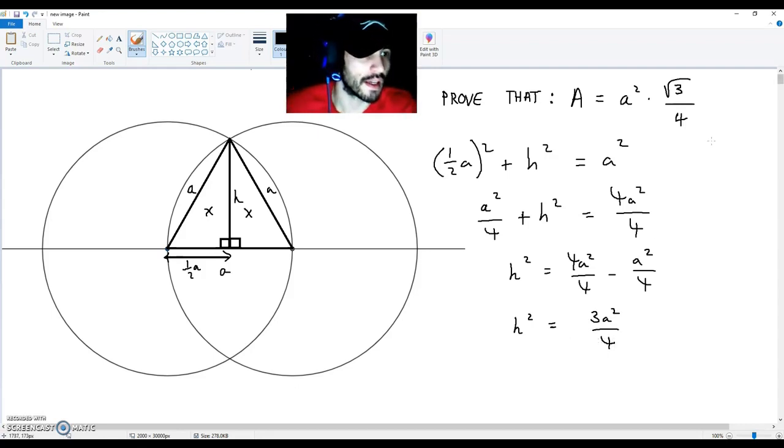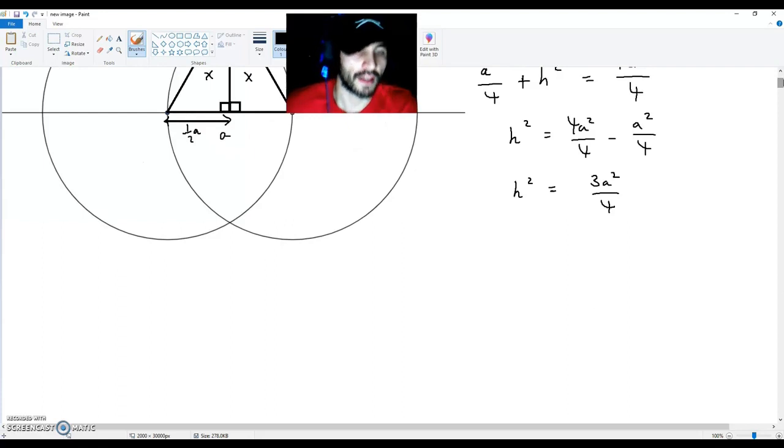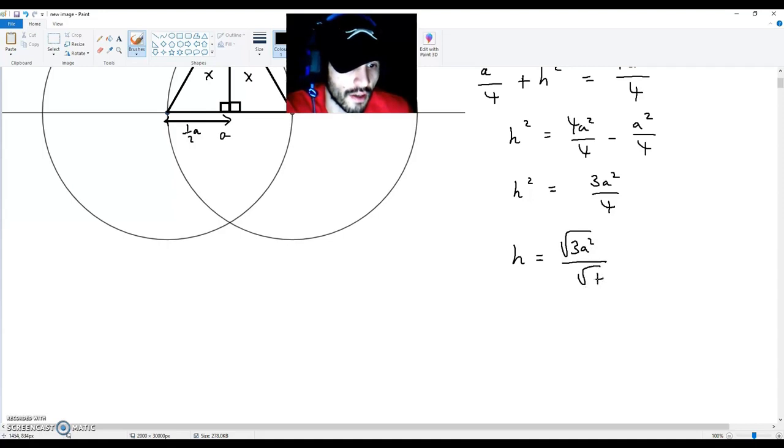Okay? Now, because we've got h squared on the left-hand side of the equation, h is going to be equal to positive root 3a squared over root 4. Okay, and this is the same as h is equal to root a squared multiplied by root 3 over 2.